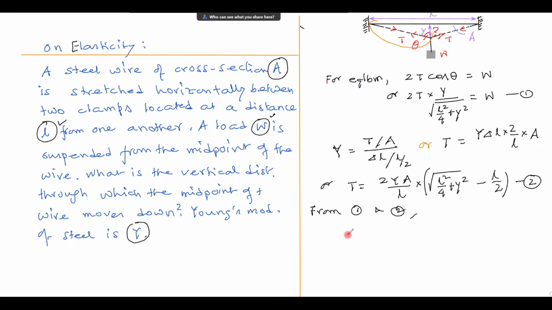From 1 and 2, a lot of approximations are to be done. 2 into T, 2YA by L into root over L square by 4 plus y square minus L by 2.